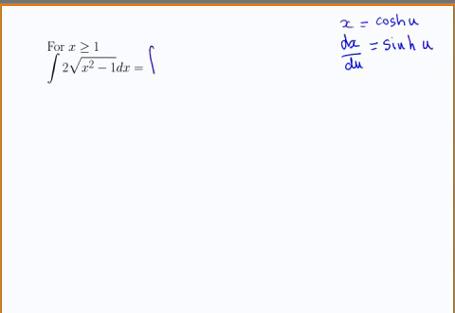Back in our integral, that means we're going to get 2 times the square root of cosh squared u minus 1 times sinh u, all with respect to u.